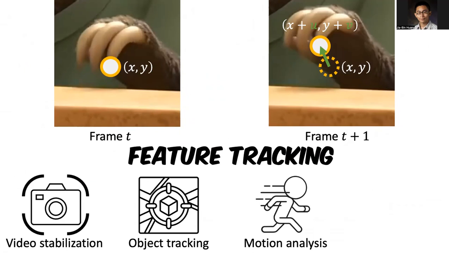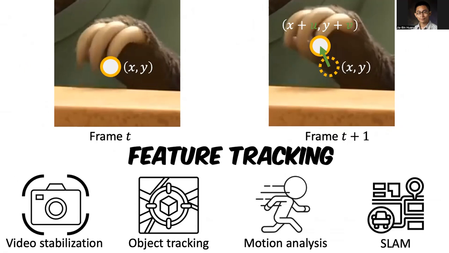Maybe you have Parkinson's patients, and you need to analyze their gait and motions over time. Or in a SLAM system, where you want to know where your robot or drone is in the environment. You need to know where the camera is with respect to the environment. For that, you need to track the key points around the scene and be able to localize your position. So this is the foundation of many different applications.